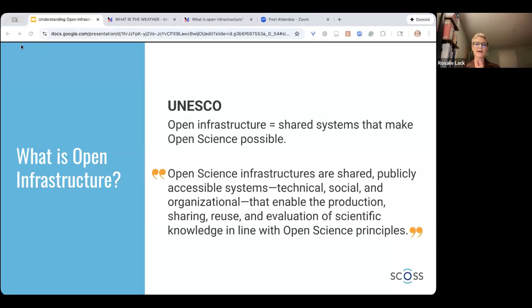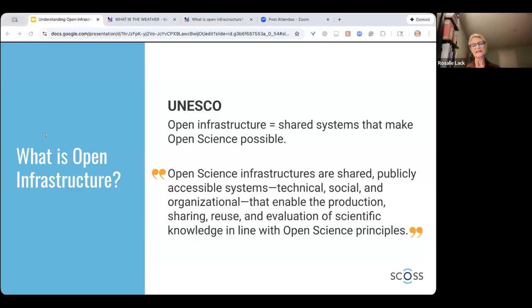And another definition that is probably one many have seen is with UNESCO and their documentation, where they talk about open infrastructure as shared, publicly accessible systems, that they can be technical infrastructure or social infrastructure or even organizational infrastructure that enable the production, sharing, reuse, and evaluation of scientific knowledge in line with open science principles.